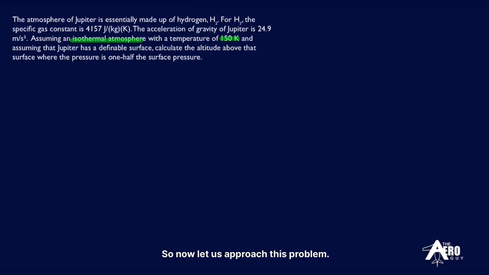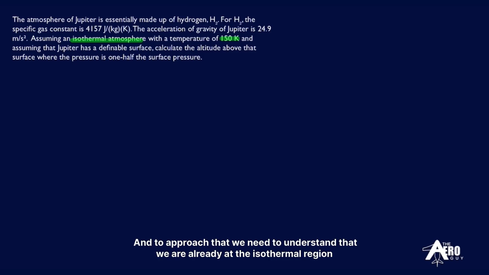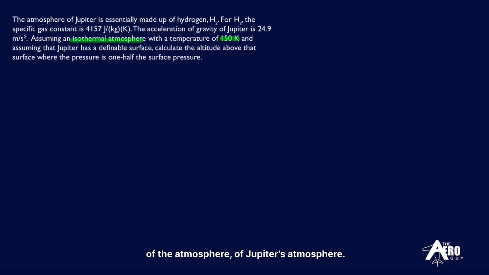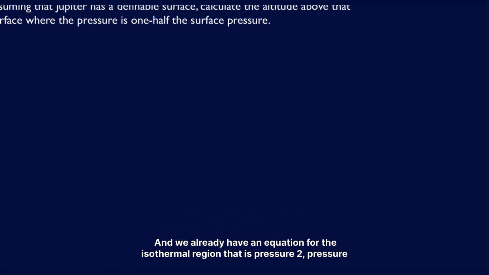So now let's approach this problem. It's asking us to solve for the altitude at which the pressure is just 1/2 of the surface pressure. It's just simply asking us for the altitude value. To approach that, we need to understand that we are already in the isothermal region of Jupiter's atmosphere, and we already have an equation for the isothermal region.